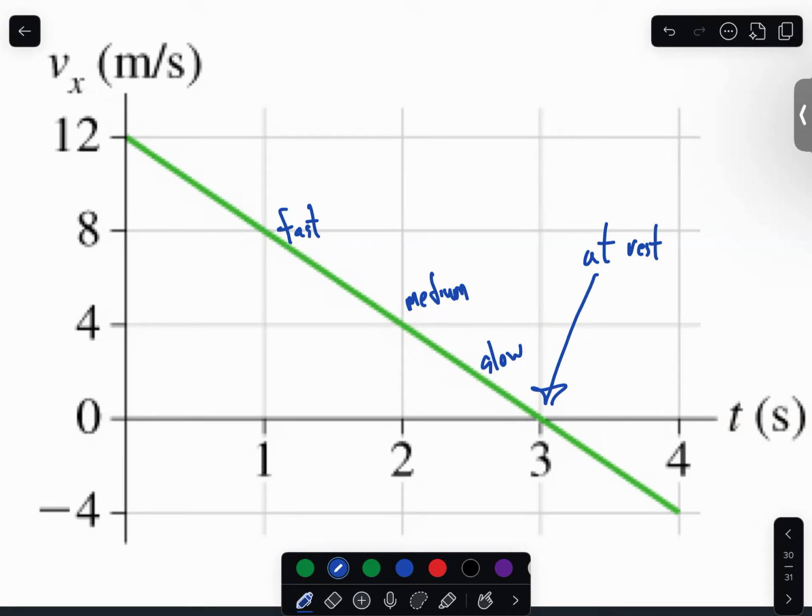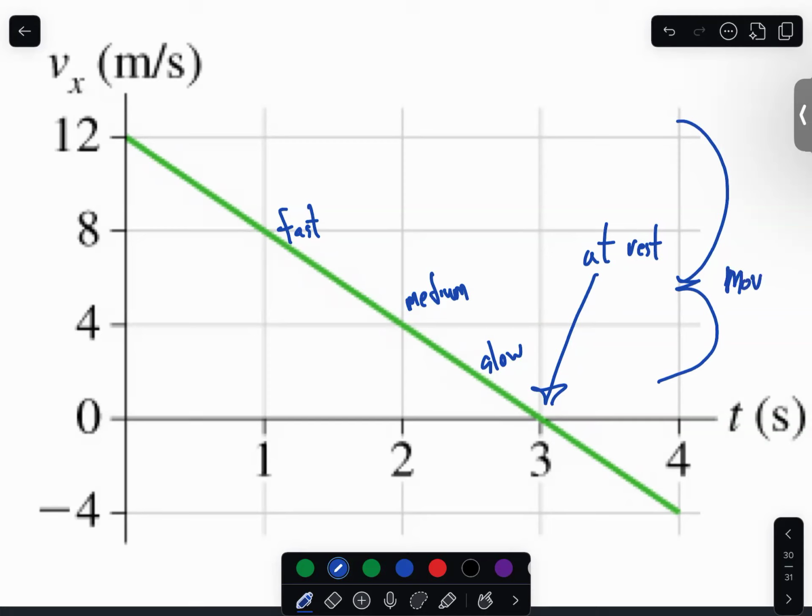What does positive velocity tell us? The sign of velocity, like the sign of displacement, tells us which way we are going. Are my x values increasing? The slope of position tells me whether I am increasing or decreasing my x values. So the fact that these are all positive velocity numbers says that I'm moving in the positive direction until I hit at rest.